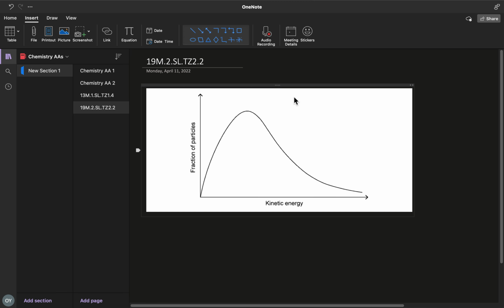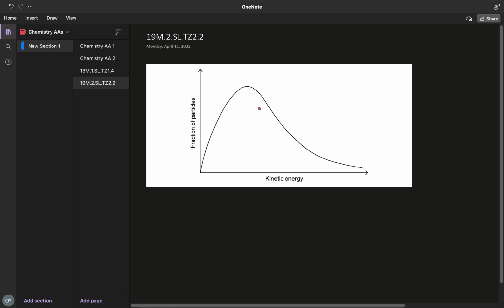The Maxwell-Boltzmann curve shows the number of particles on the y-axis and the kinetic energy on the x-axis. The more you go to the right on the x-axis, the more energy the particles have. So let's say in this reaction, the activation energy is right here.